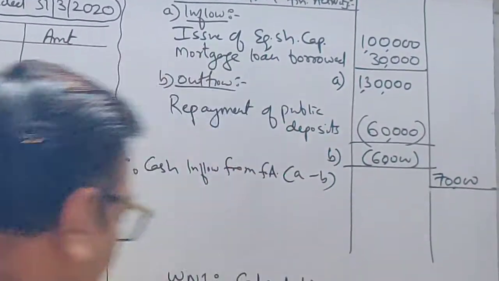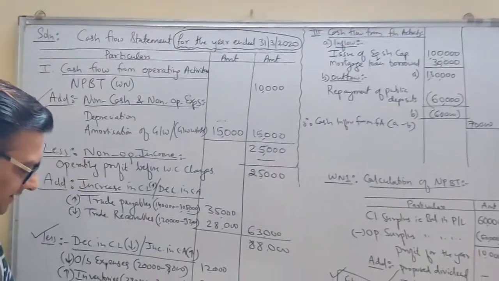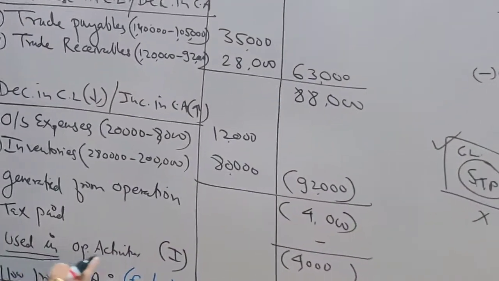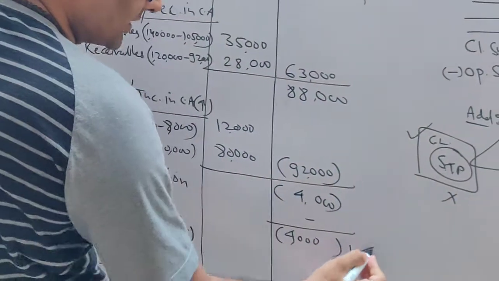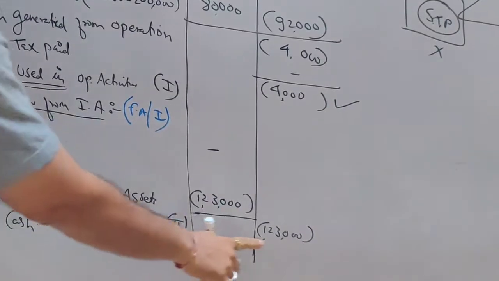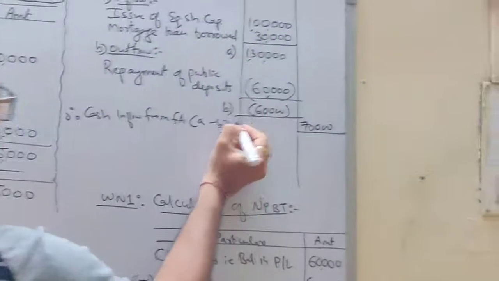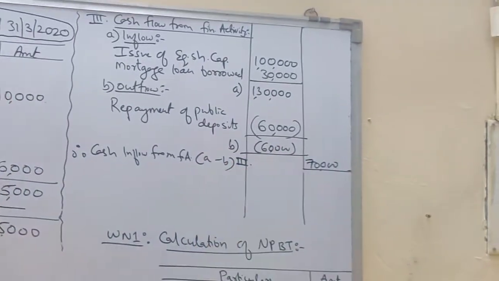Now you have to add all the three answers. Your first answer is number 1, cash used in operating activity. It is used in, remember students, it's a bracket, so you have to minus. Second is again a bracket, used in investing activity, minus. And your third answer is positive, 70.